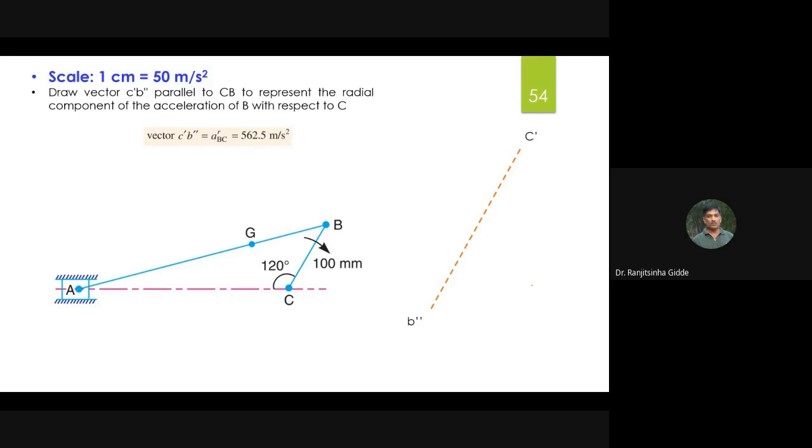Draw it dotted. Revannath, am I audible? Yes, sir. Yes, yes. Yes, draw C prime B double prime.